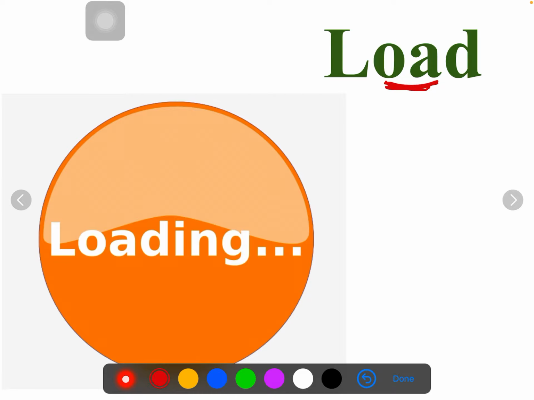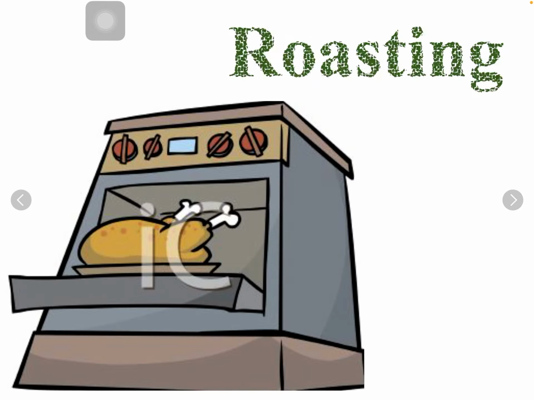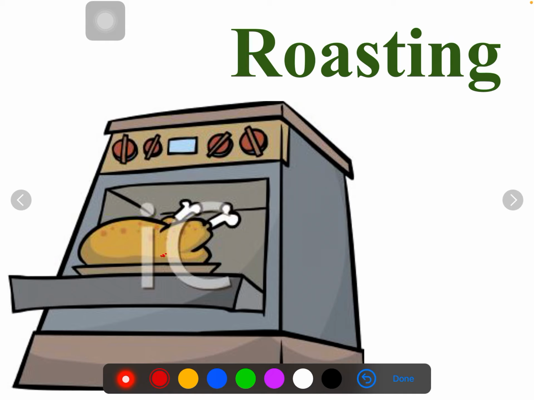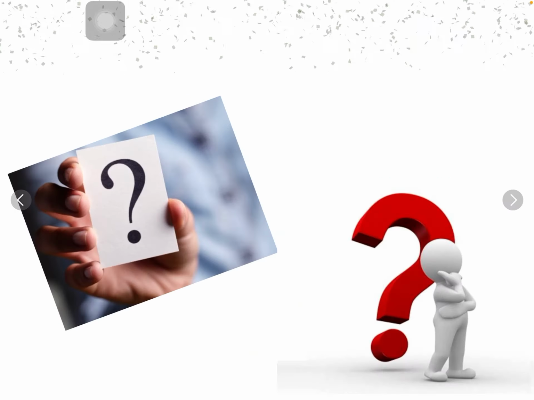So load, it's long O. You see the chicken? Roasting. OA. Roasting. So this is a long O. To warm yourself and like feeling, whoa. Whoa. Pronounce it as long O.